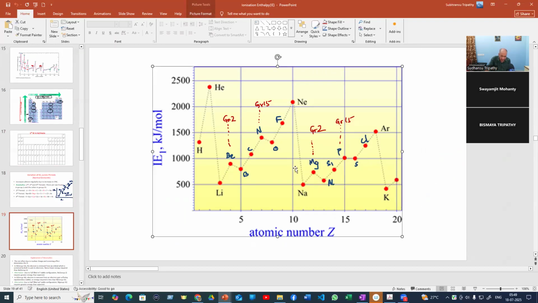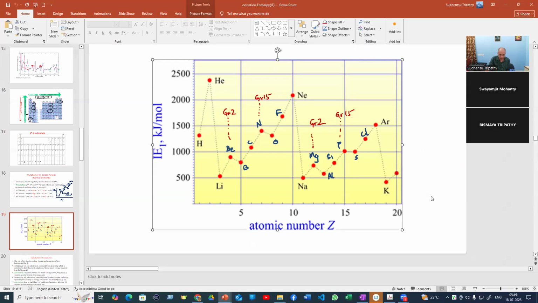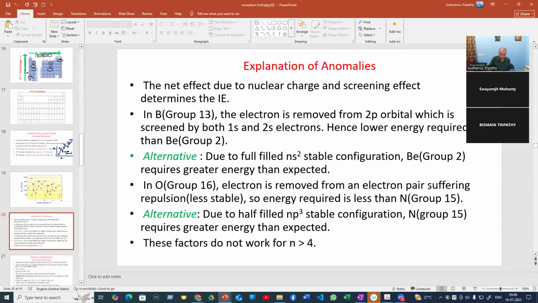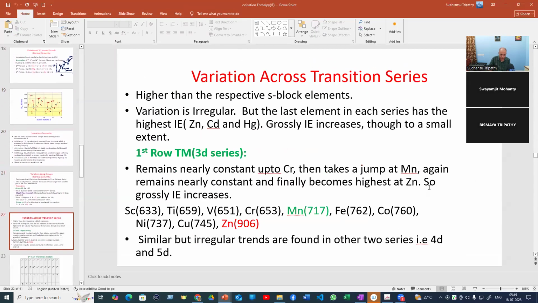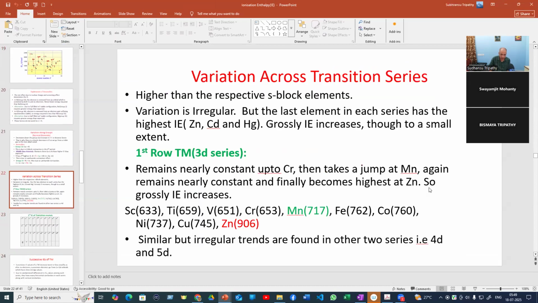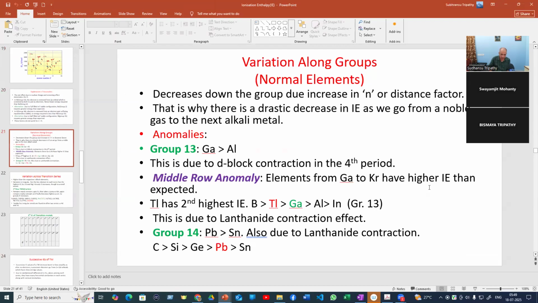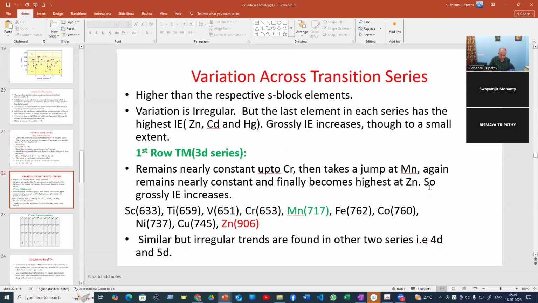Then again hump, magnesium sitting on the hump, then aluminum, silicon, phosphorus sitting on the hump, then sulfur, chlorine, argon, suddenly coming down. So potassium level is even lower than sodium and continues. You will read all these things. I have already explained to you, but I will discuss the transition series more.